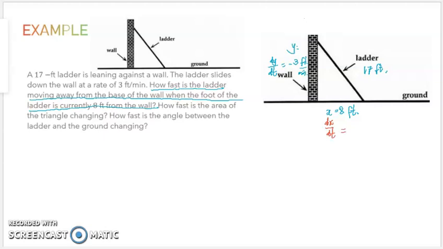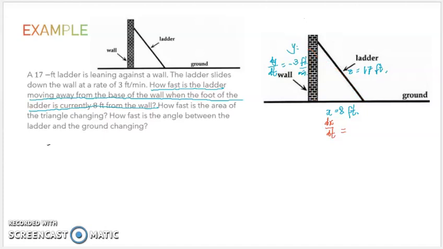Okay. So what formula relates x, y, and this length of the ladder to one another? Let's represent this as z. We can use the Pythagorean theorem since we form here a right triangle.